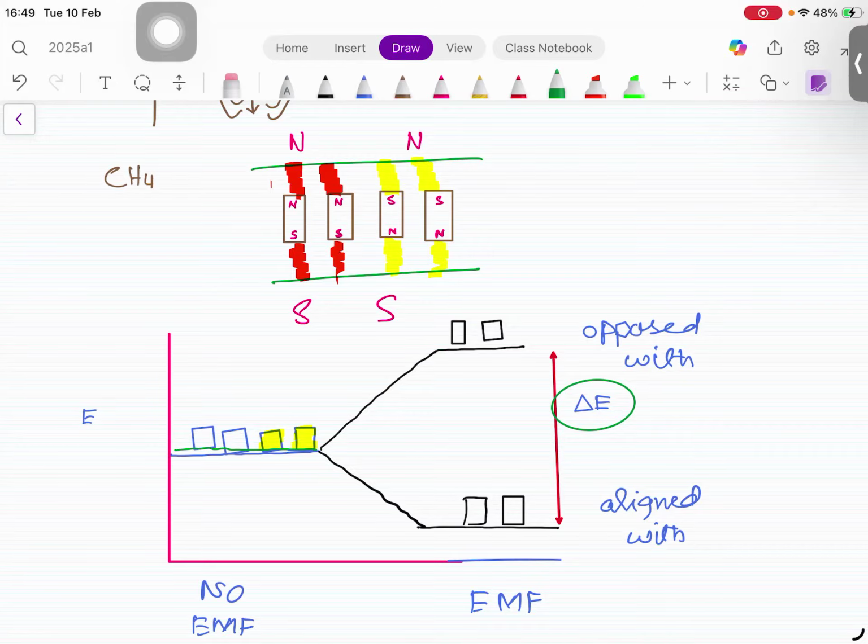Okay, now, so in the next moment, what I did, now I took 4 hydrogens, 4 tiny magnet bars, put them in external bigger magnetic field. They split up into two sets of energy level. Why? Because they were behaving like a tiny magnet bar. Some of them were aligned, some of them were opposed, so therefore they split up.